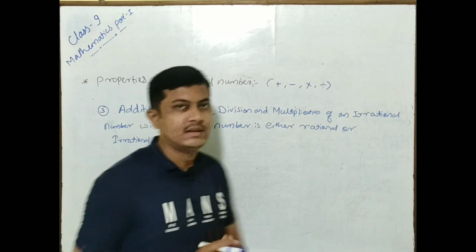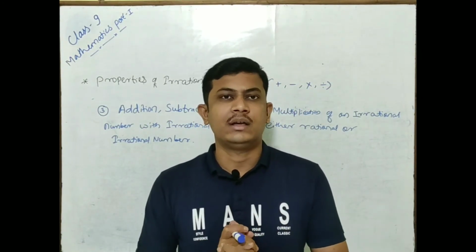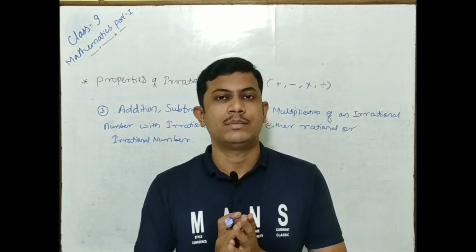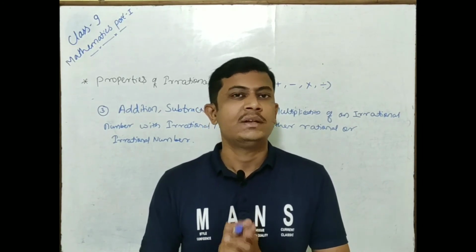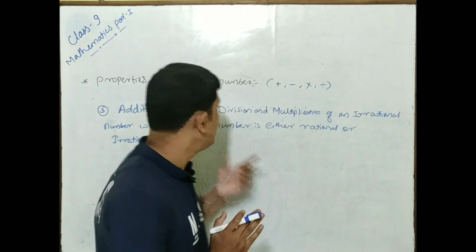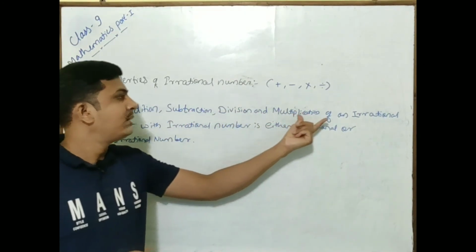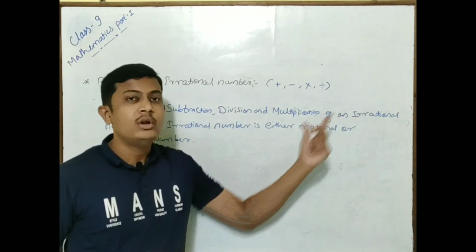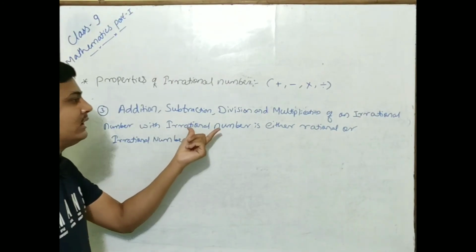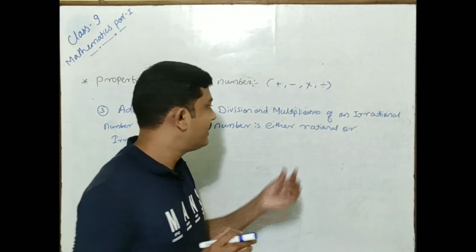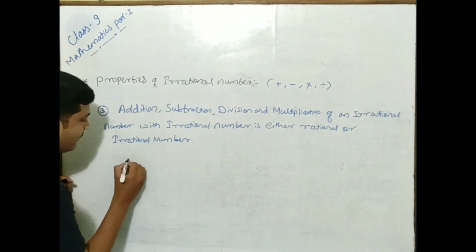In the first two properties, it was fixed that if one is a rational number and another is an irrational number, and we apply the mathematical operation, that is addition, subtraction, division and multiplication, the answer should be an irrational number only. But in this case, if we add, subtract, divide or multiply two irrational numbers, whatever result or answer we get, it will be a rational or irrational number. So let's see some examples.